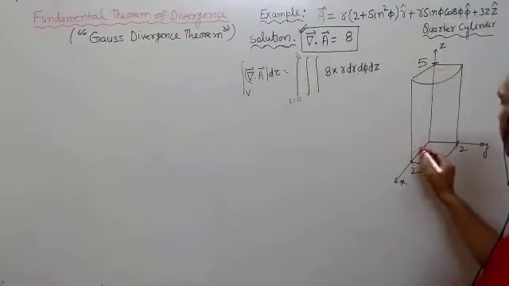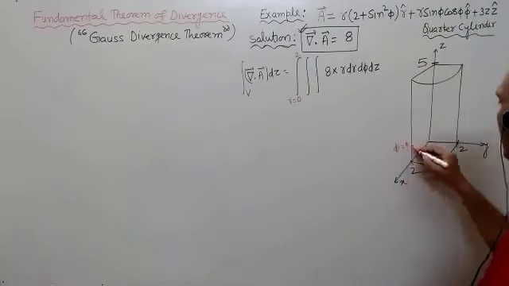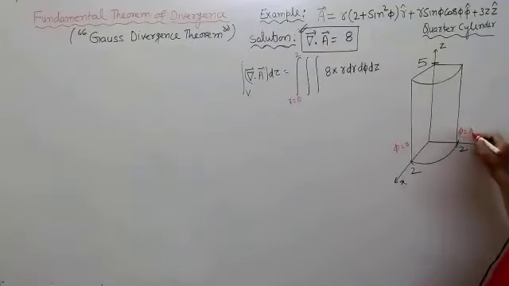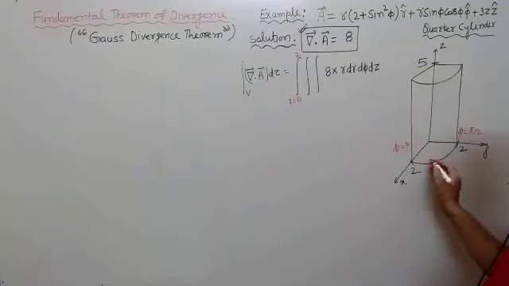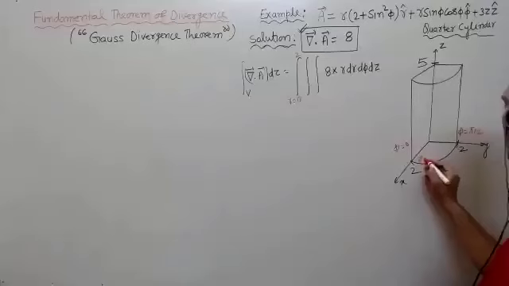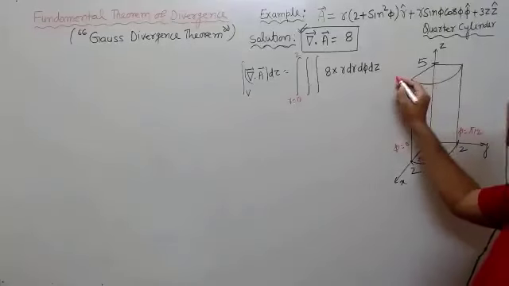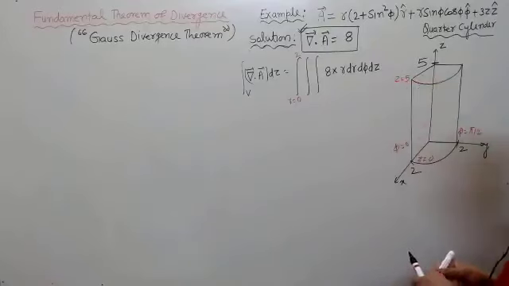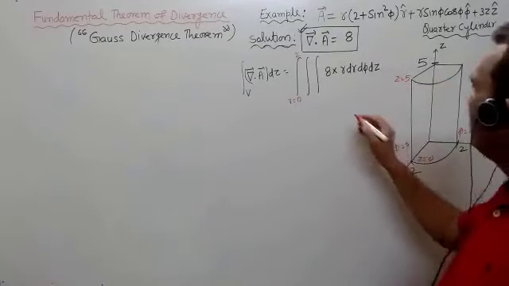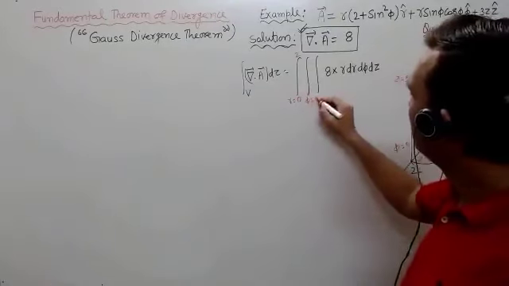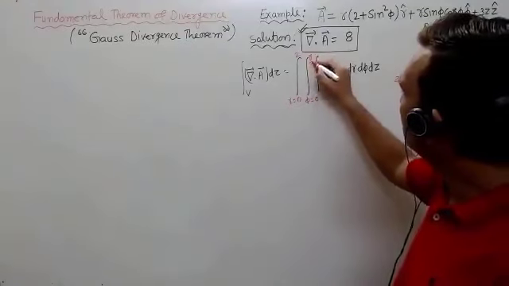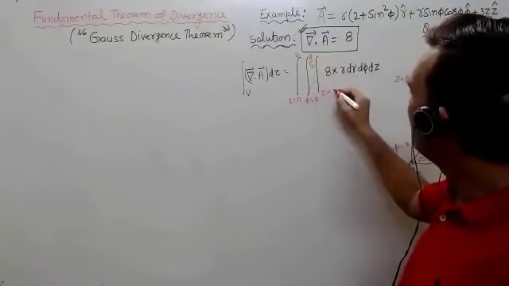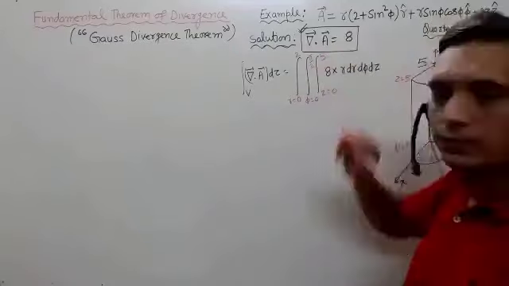And what will be phi? This xz plane is phi equal to 0 plane and yz plane is phi pi by 2 plane. And this lower plane is z equal to 0 plane and this plane is z equal to 5 plane. So phi varies from 0 to pi by 2 and z varies from 0 to 5.